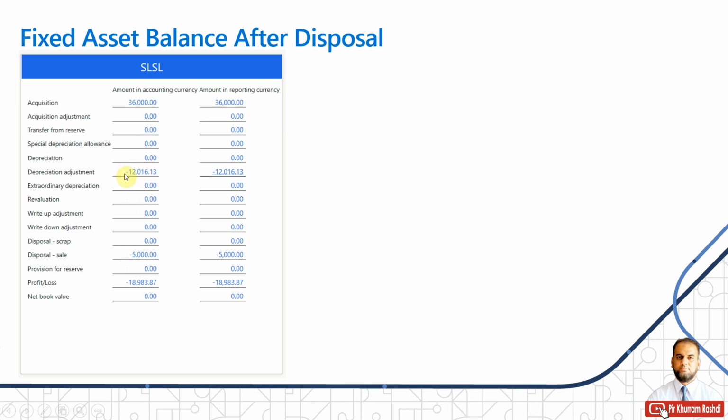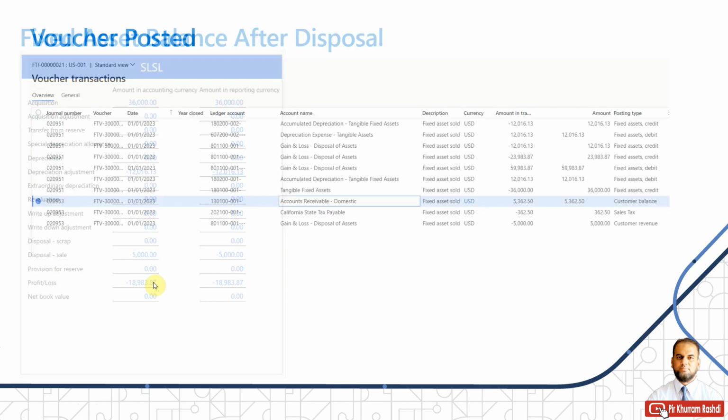So on the 1st of January 2023, including the 1 extra day, all the depreciation amount is posted, and the P&L account is showing the loss here because the net book value is higher, around 23,000, but it was sold for 5,000, so the remaining will go to the P&L account.